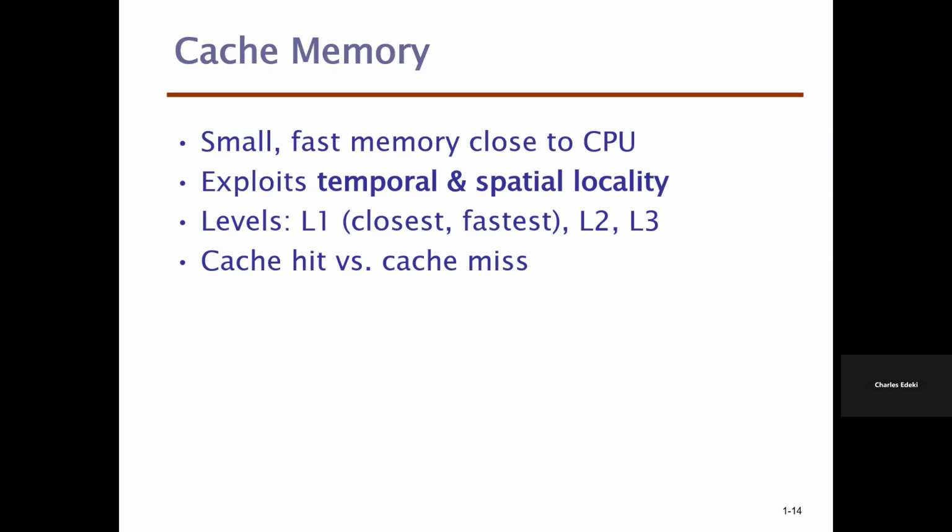And cache also has different levels. Here we have three levels, level 1, 2, and 3. Level 1 is the closest, but it will be the smallest also. Then we have level 2. Level 2 is bigger, but it's slower than level 1.